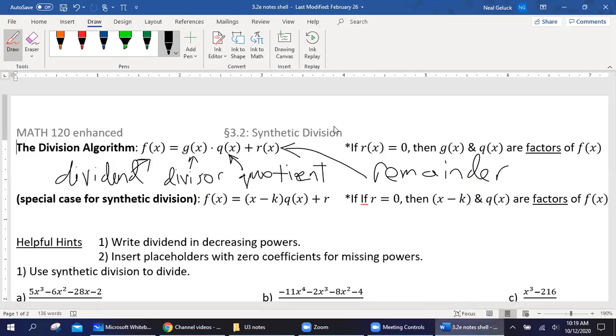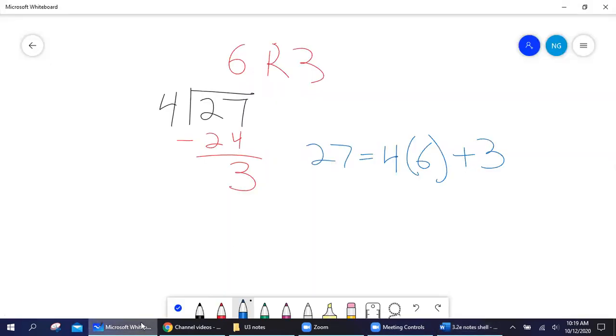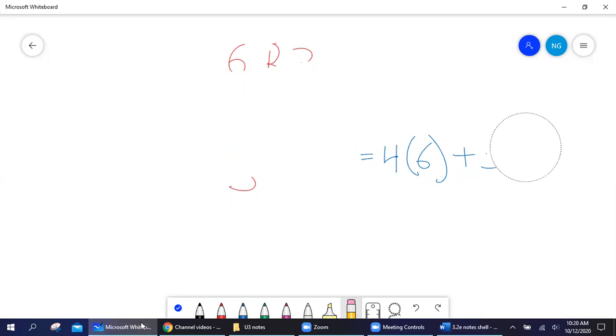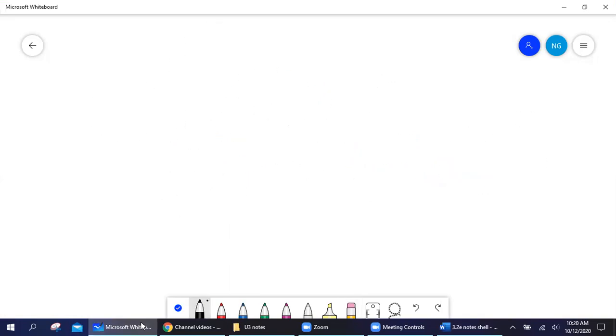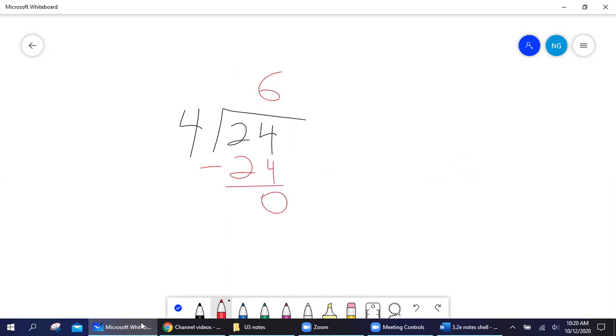The little note here says if r(x) is 0, that means both the divisor and the quotient are factors. So if, for example, this was 24 divided by 4, it goes in there 6 times, no remainder, or a remainder of 0.